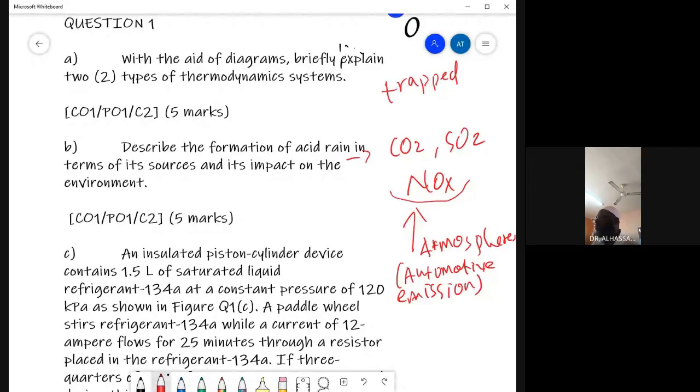And during raining, when it starts raining, immediately part of these substances, such as carbon dioxide or NO2, NOx, react with the water. So water plus, let's say, carbon dioxide eventually forms an acid.